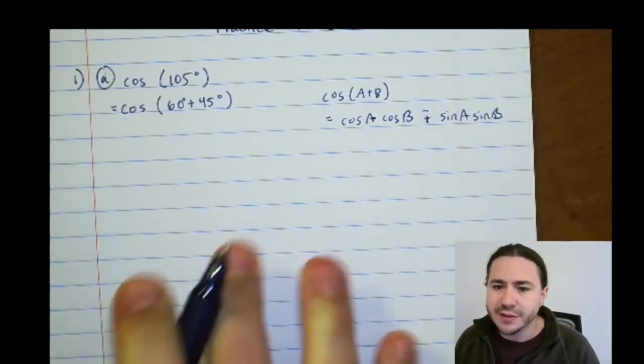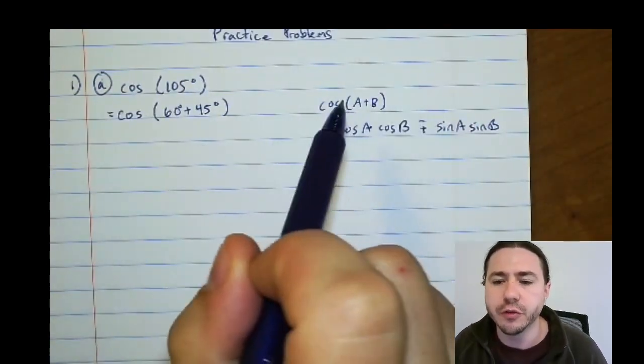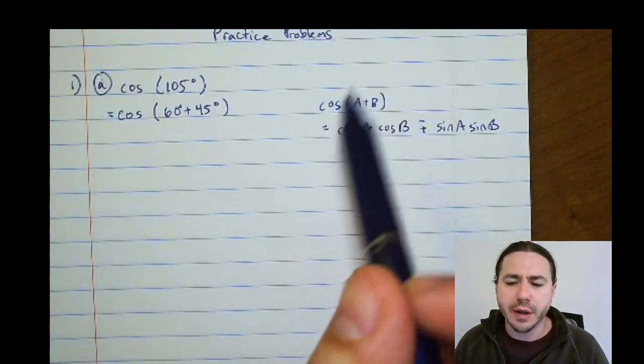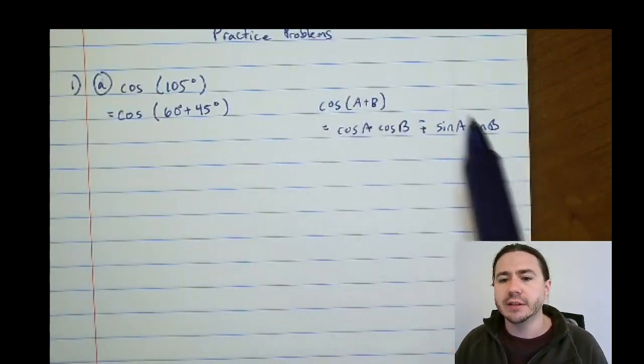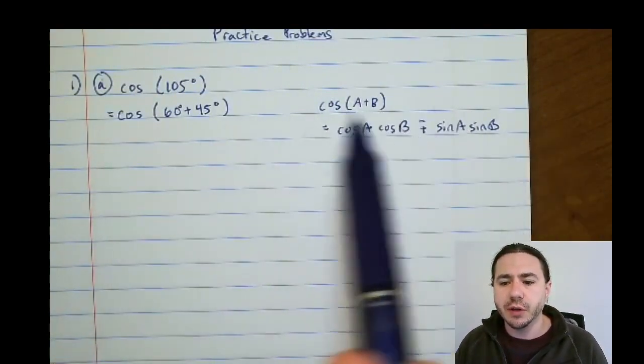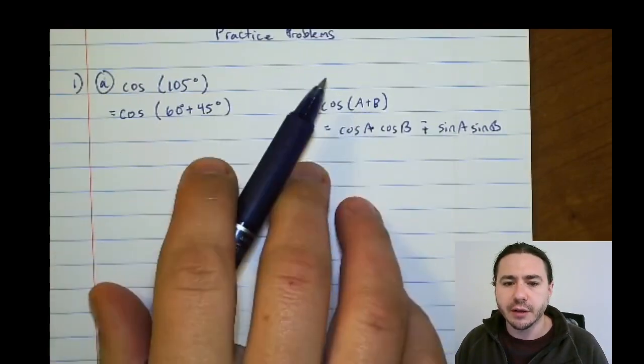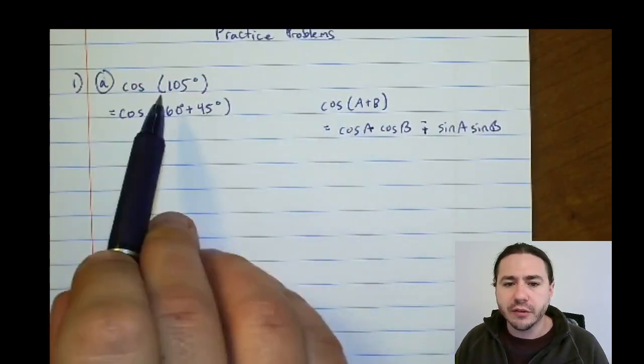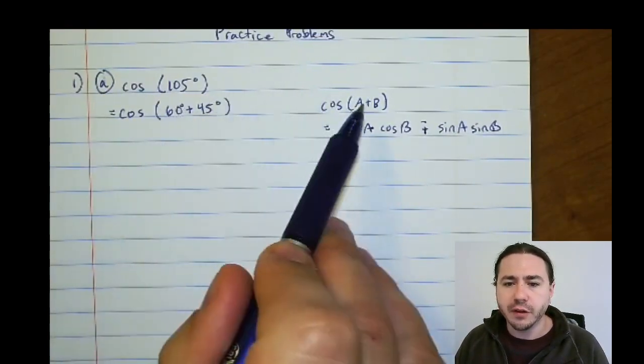You don't have to write this out every time. Once you get a feel for these formulas, it's not really worth it, but in the beginning it's good to write these out just so you make sure you're writing everything out correctly. So in this case, 60 is going to be my A, 45 is going to be my B.